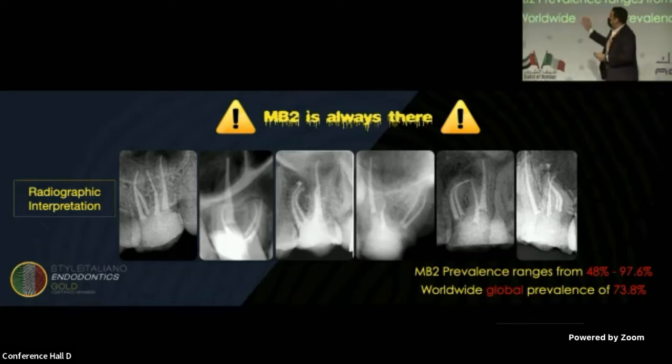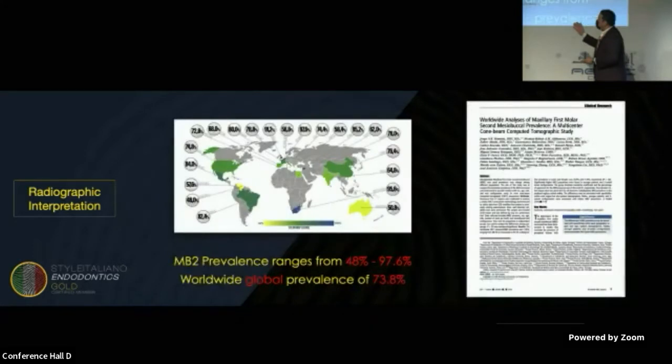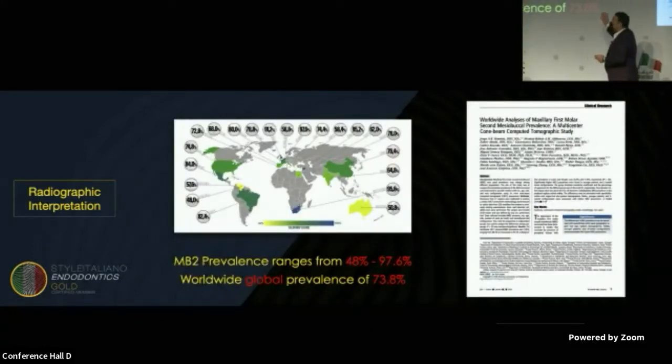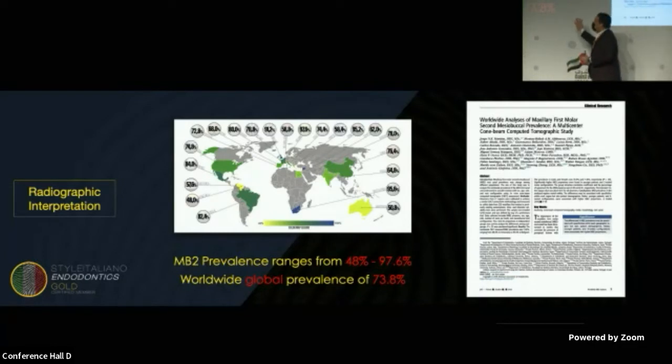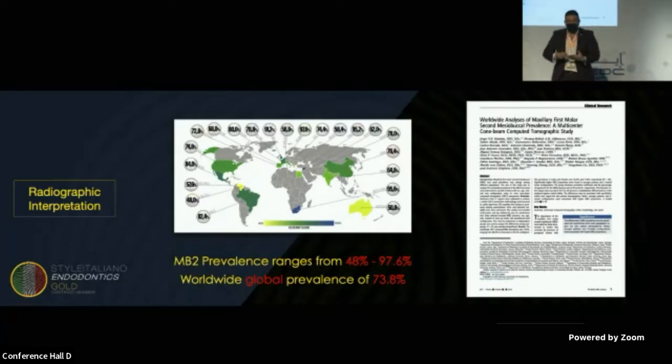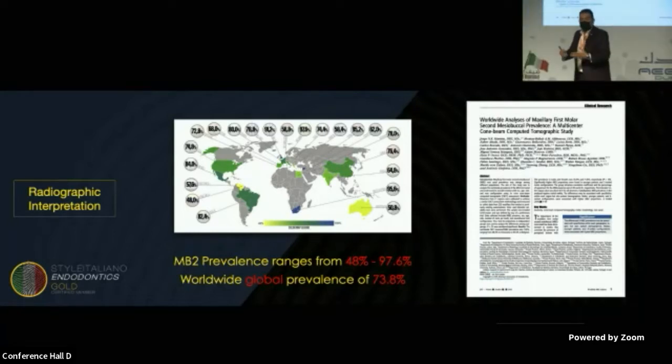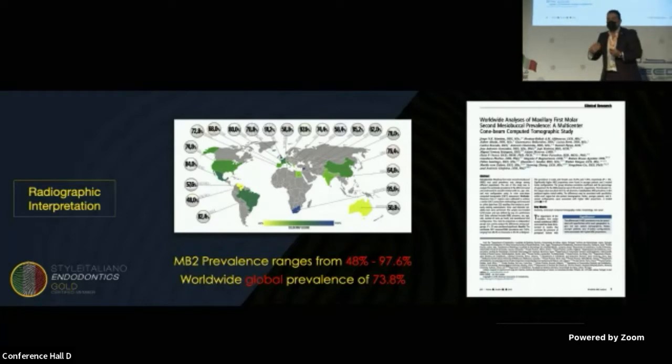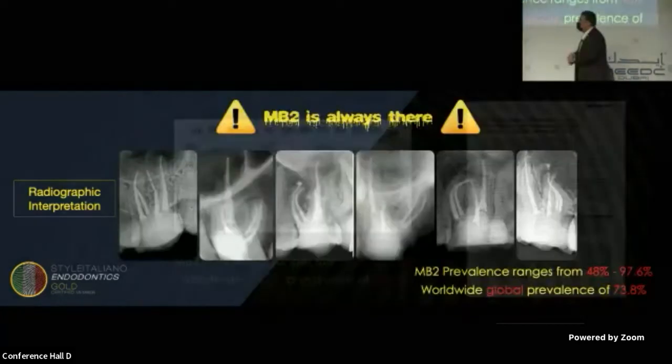According to the last prevalence data, we have prevalence of MB2 ranging from 48% to 97%, with a global prevalence of 73%. So it is not there 100%, but it's already a high percentage. So I should take care, giving more time trying to locate or search the floor using ultrasonic tips, Mueller burs maybe, just to be precise in cutting, trying to locate the canal without too much destruction to the anatomy.